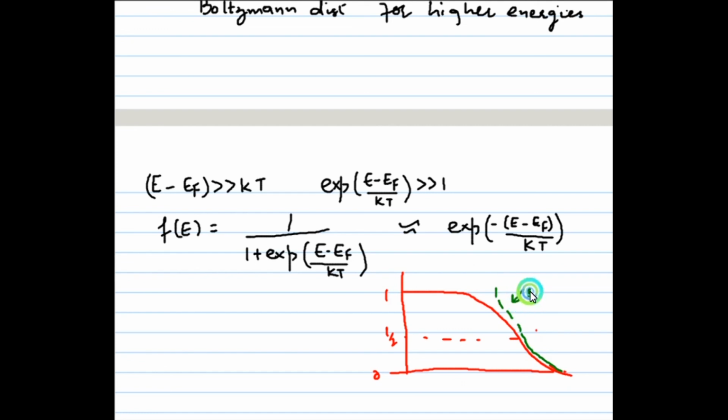So this one is the Maxwell-Boltzmann approximation, and this here is Fermi-Dirac. So for some range of energies, the Fermi-Dirac distribution holds, and when the range of energies increases, the Maxwell-Boltzmann distribution holds.